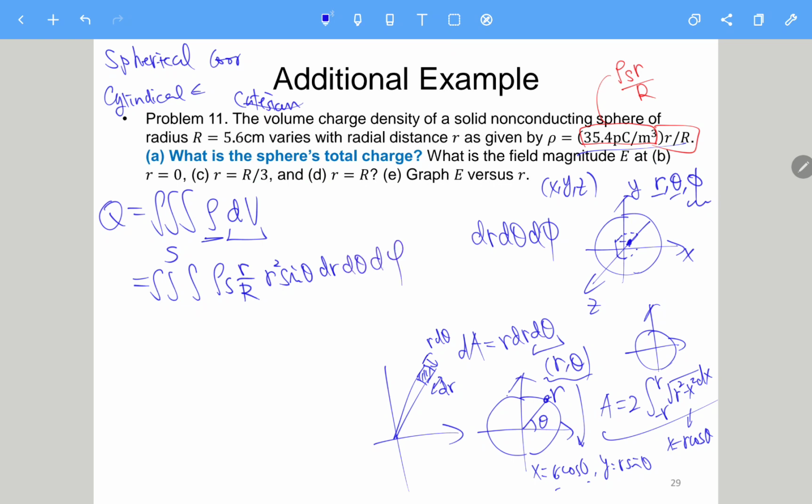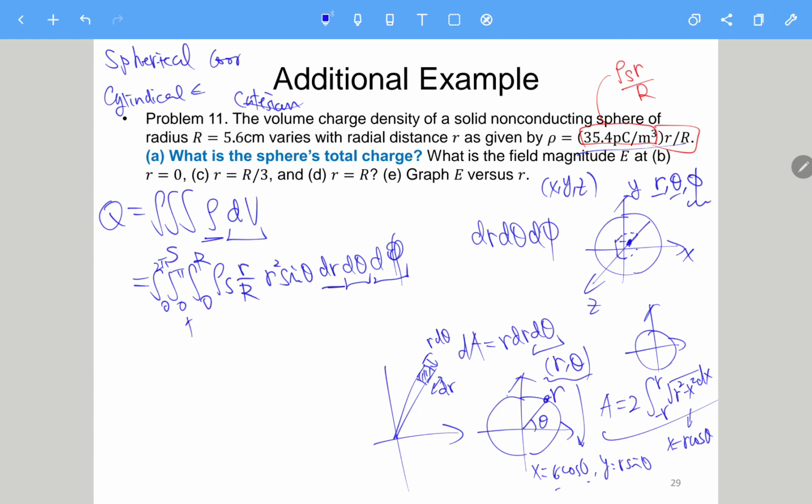Now we need to determine the lower and upper bounds. For dr, it will be from 0 to capital R. For d theta, it will be from 0 to pi. And for d phi, it will be from 0 to 2 pi.